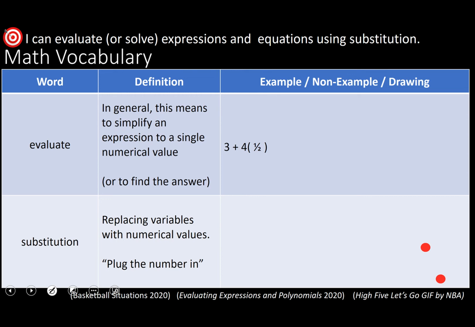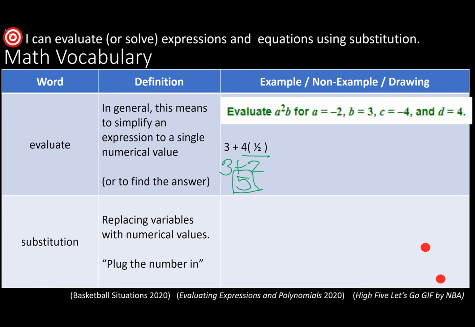So there's parentheses, but it stands for multiplication, so we're going to hold off on that. Exponents, no. Now we have multiplication and division. We have the multiplication. So that's going to be 4 times 1/2 is 2. I'm going to rewrite my expression. 3 plus 2 is 5. So in this case, 5 would be the evaluation of 3 plus 4 times 1/2.